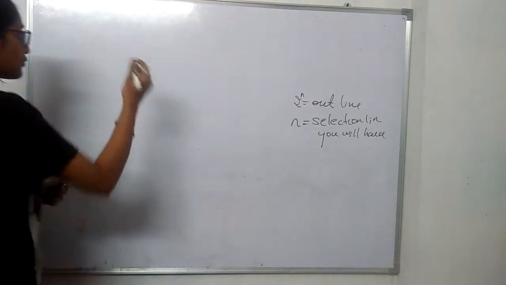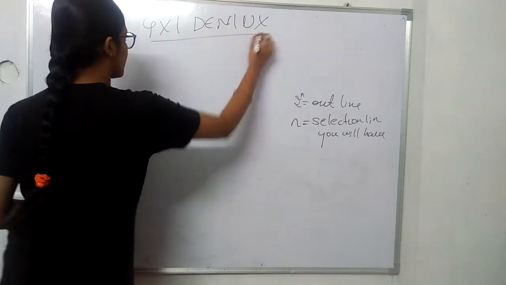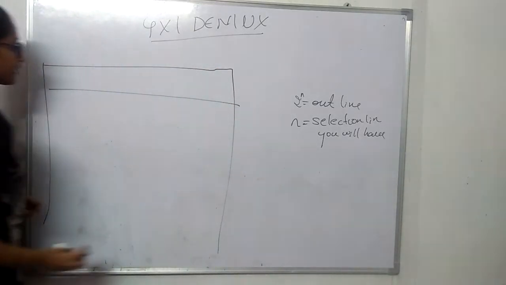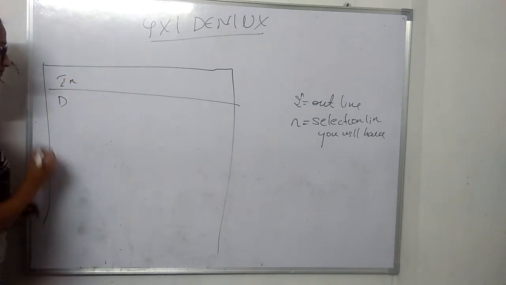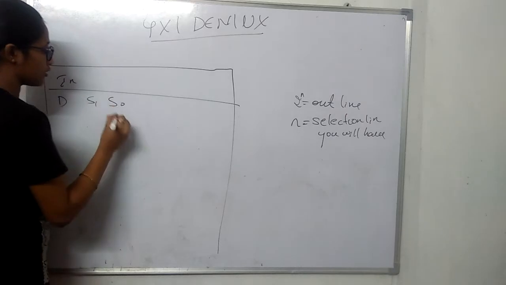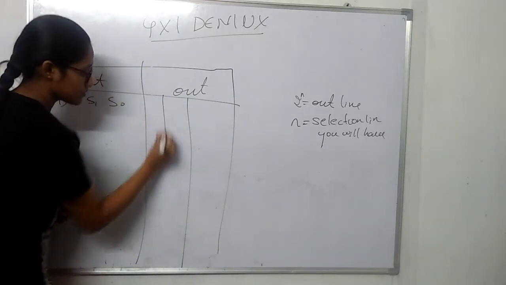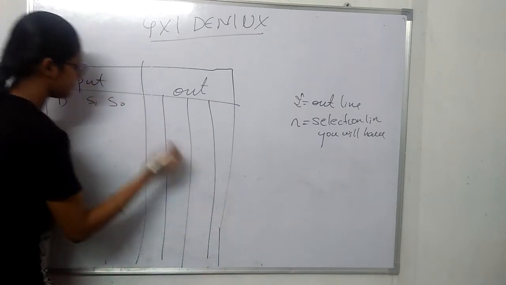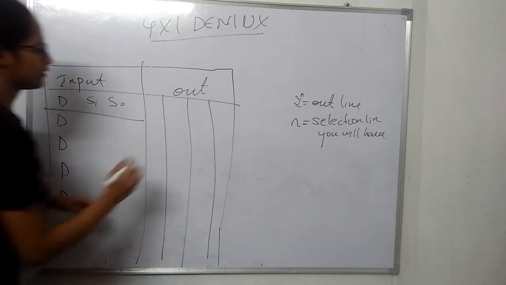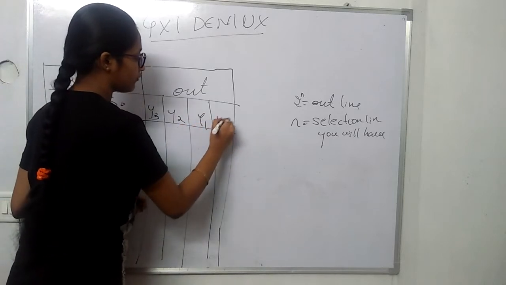Four, as we are going to take a 1 to 4 demux: Y3, Y2, Y1 and Y0.